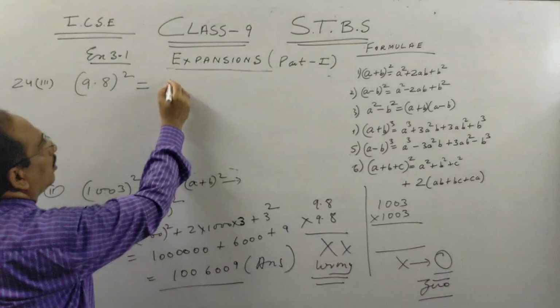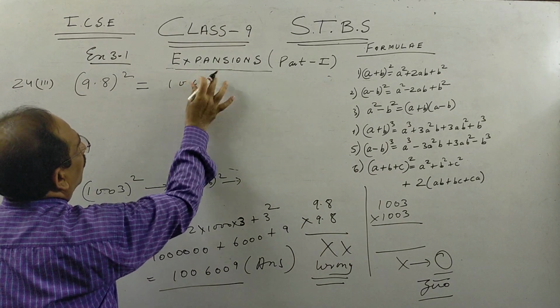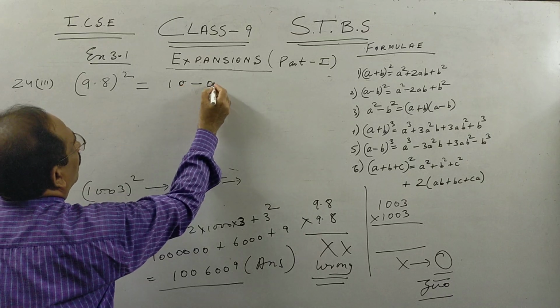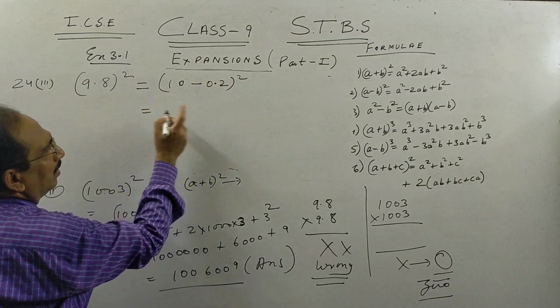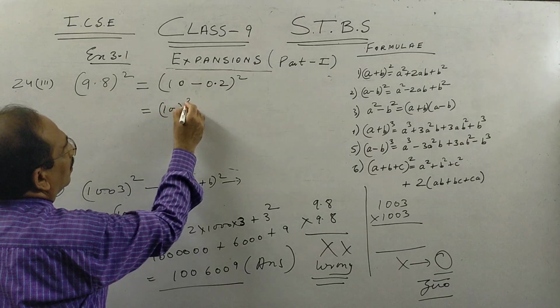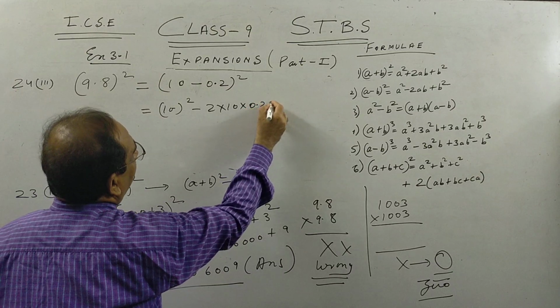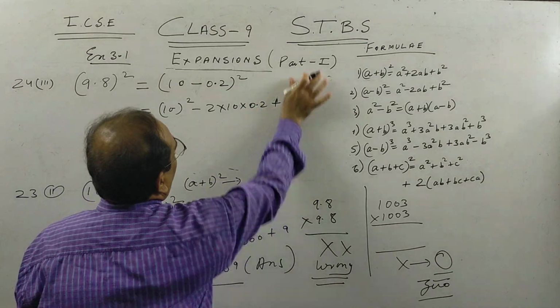So the second formula we will use: 10 minus 0.2, 10 minus 0.2 whole square. A square minus 2ab plus b square.